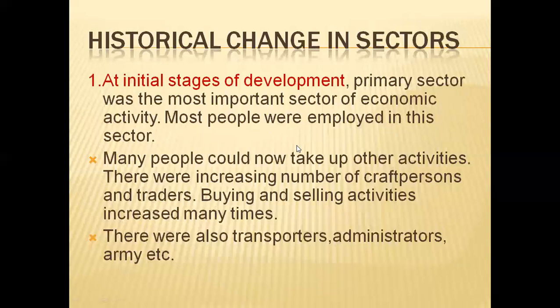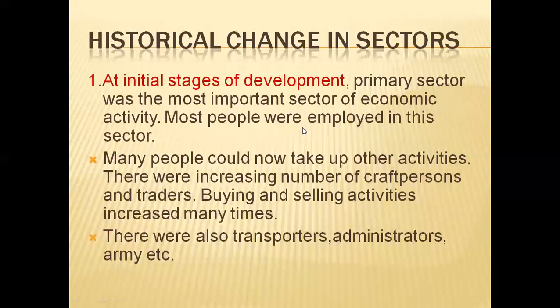Other activities were also there. For example, the number of traders and craftspersons were also increasing. There were activities like buying and selling, which also increased many times. Then there were also transporters, administrators, army as well.